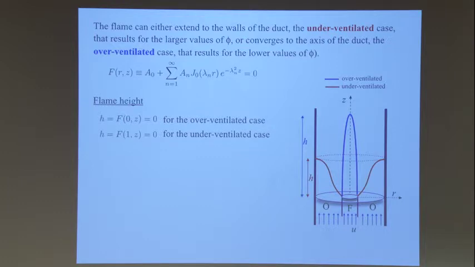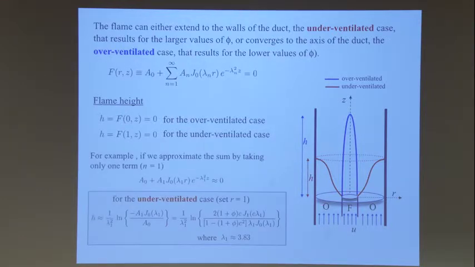And of course, you can obtain the height here. If you take that function and set R equal to 0, then you find the height. And in the other case, if you set R equal to 1, you get the height. So it's easy to find the height. And this was an example of the height for an underventilated case.